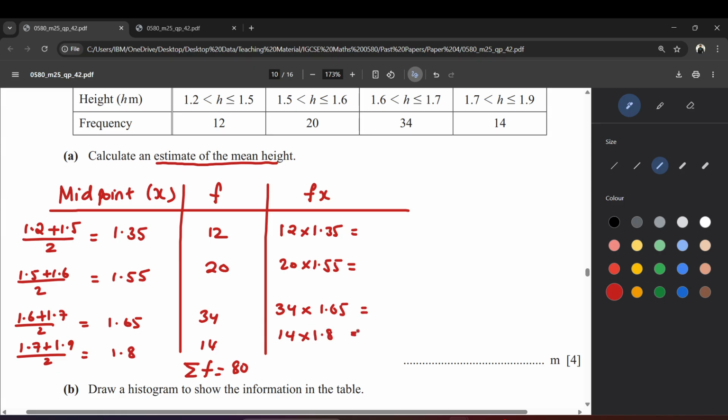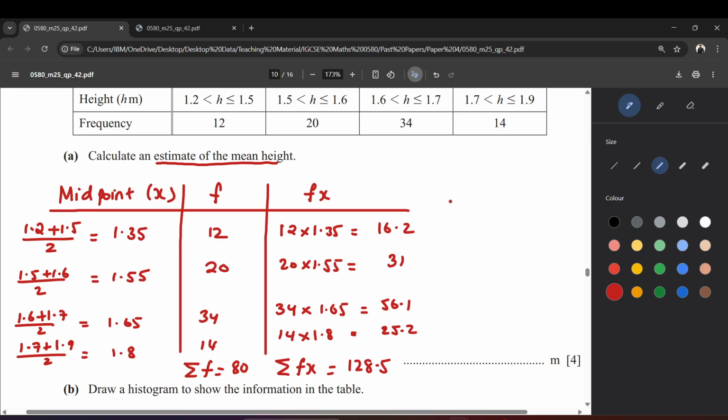So 12 into 1.35 gives us 16.2. 20 into 1.55 gives us 31. 34 into 1.65 gives us 56.1. 14 into 1.8 is 25.2. Sigma fx is 16.2 plus 31 plus 56.1 plus 25.2, and that gives us 128.5.